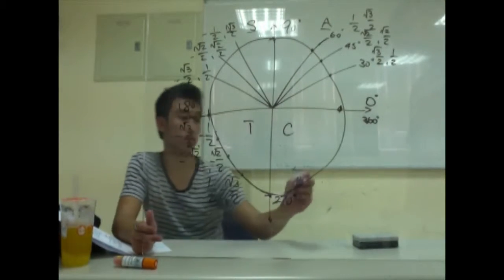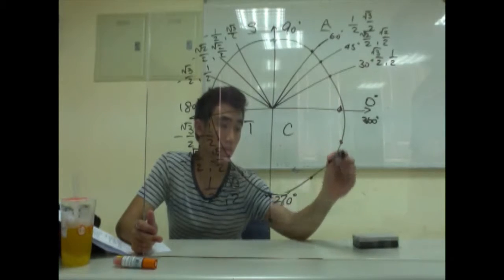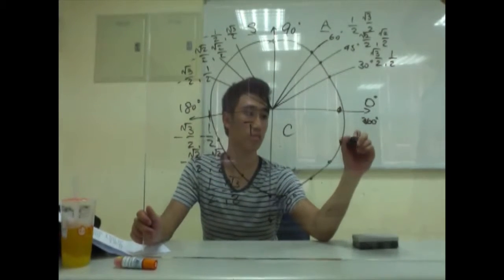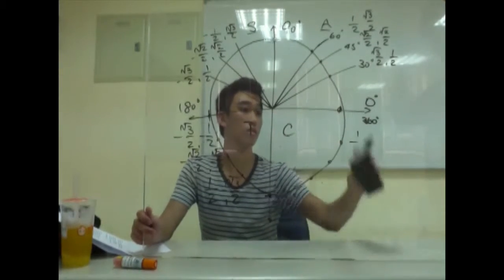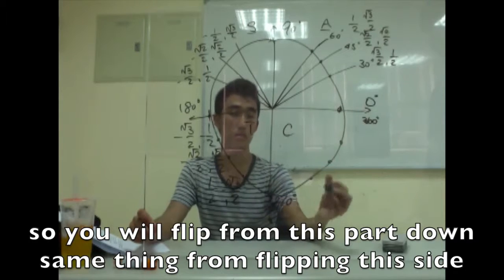For cosine, it would be the same points. You flip from this part down, same thing as flipping this side.